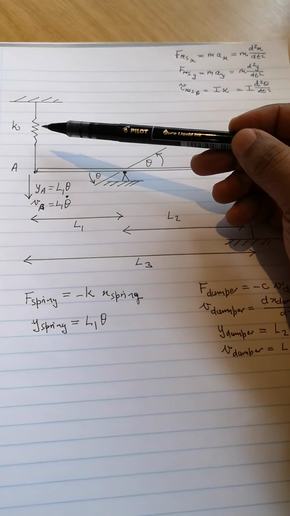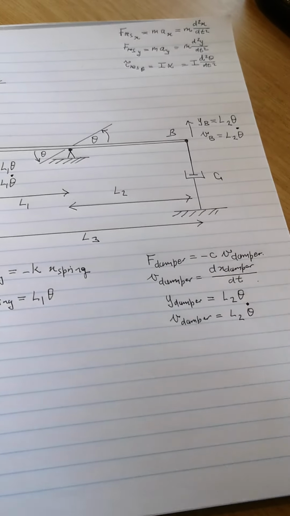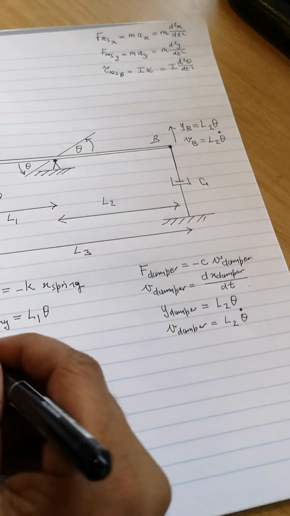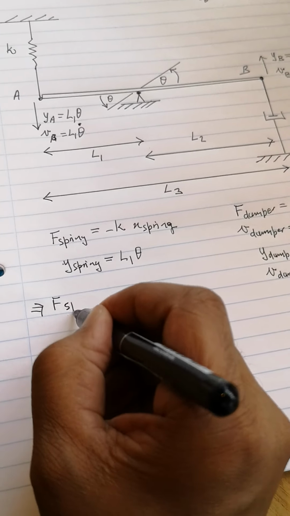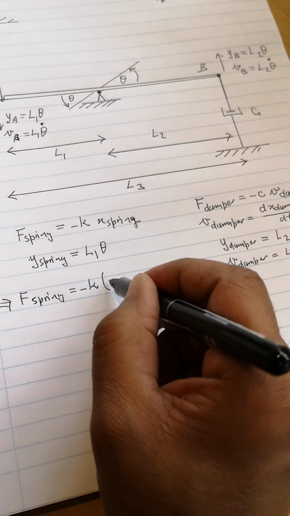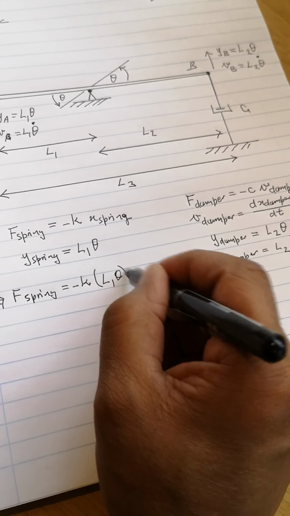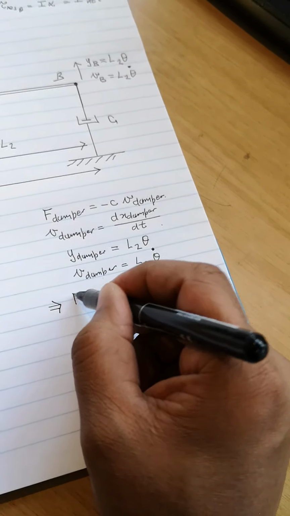We have a spring constant K, whatever the value is. We have a damping constant C, whatever the value is. Just put it into the formulas, and this will imply the spring force, and for the damper, this will imply the damping force.